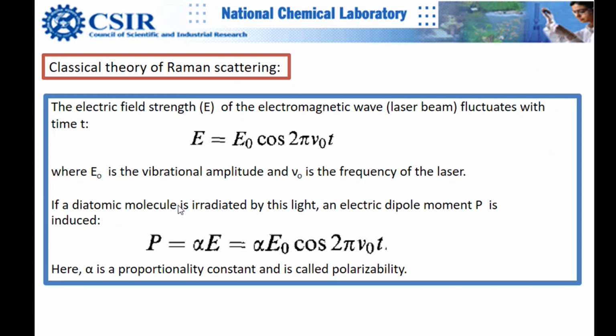Now, if there is a diatomic molecule which is interacting with this electric vector of the incoming electromagnetic wave, we can think about a simple induced dipole moment P, which will be alpha times E. So alpha is the polarizability, we all know. Then we can put in this expanded form of the electric field.